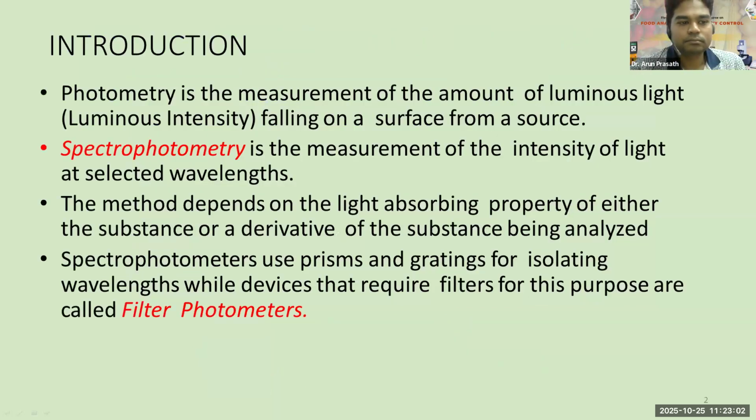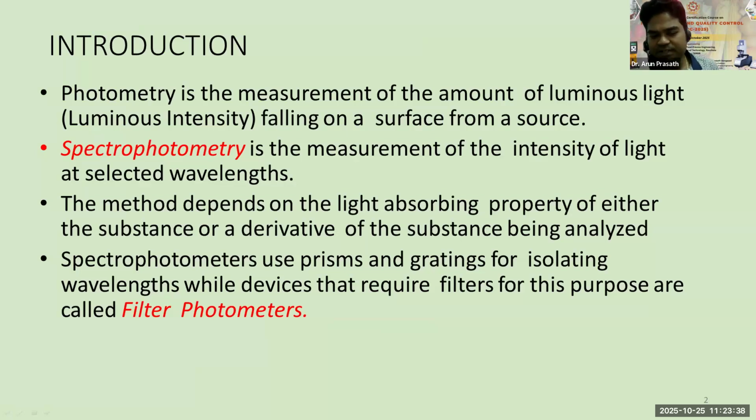So first, as we all know, photo is light. Photometry is a measurement of the amount of light falling on a surface from a source. Similarly, spectrophotometry is the measurement of intensity of light at a selected wavelength. So the method depends on the light absorption property of either the substance or a derivative of the substance that is being analyzed.